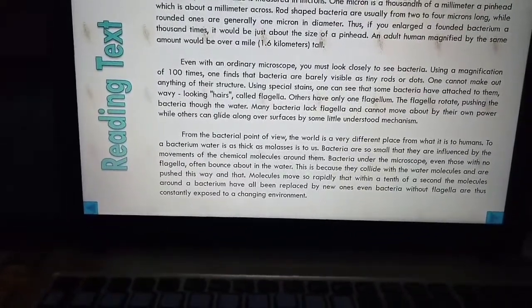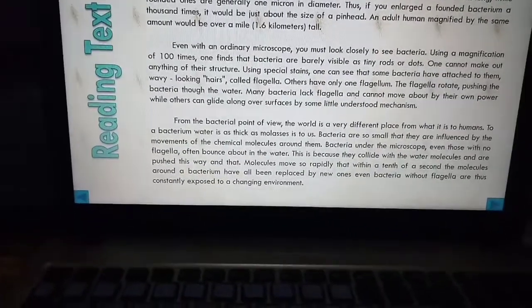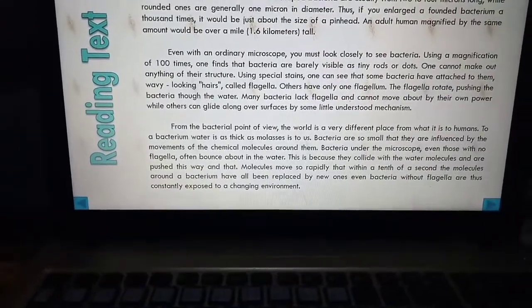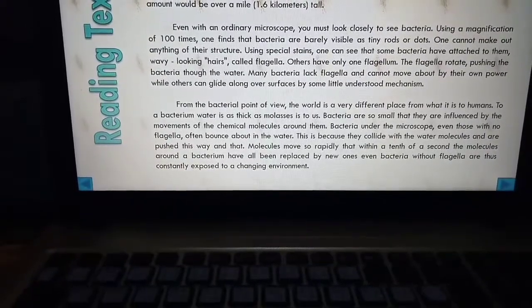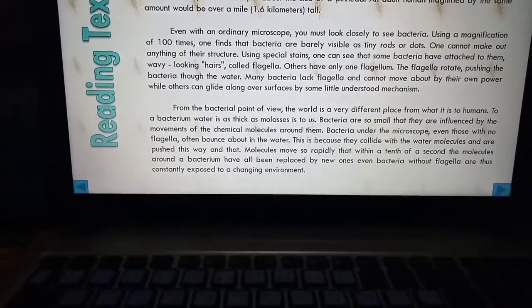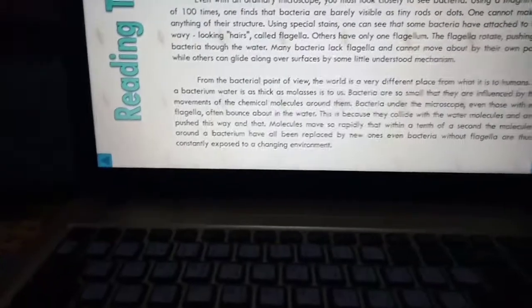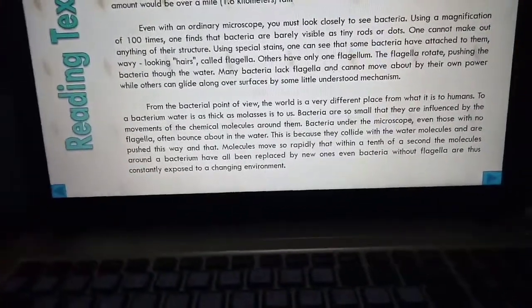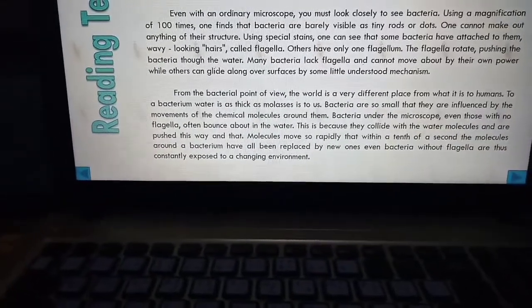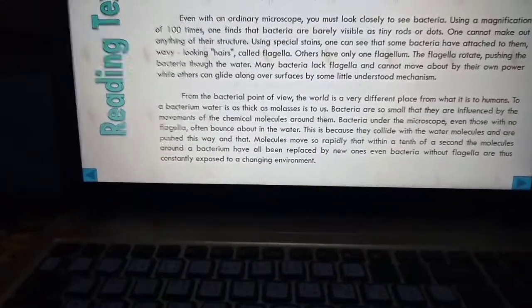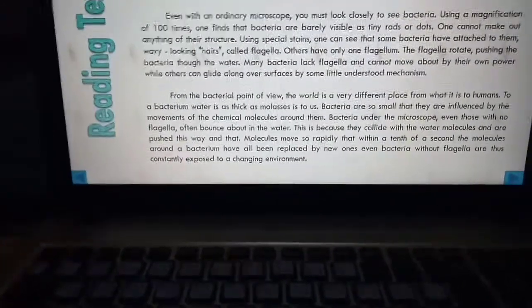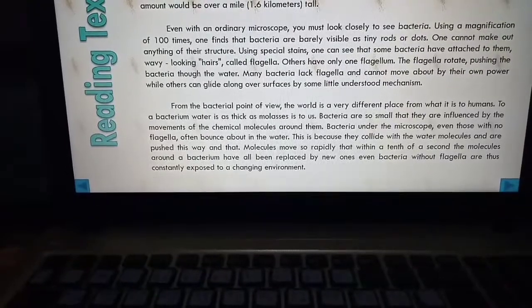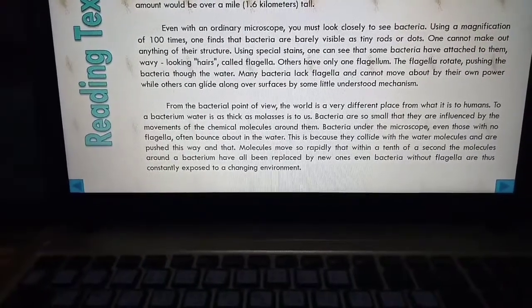From the bacterial point of view, the world is a very different place from what it is to humans. To a bacterium, water is as thick as molasses is to us. Bacteria are so small that they are influenced by the movements of the chemical molecules around them. Bacteria under the microscope, even those with no flagella, often bounce about in the water.